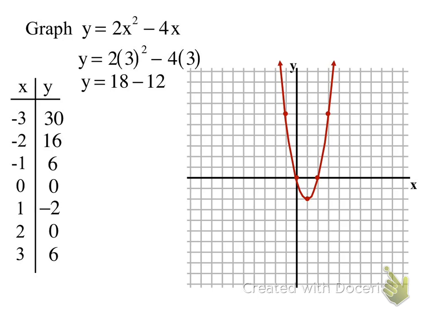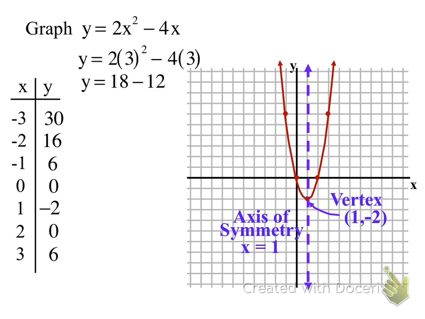Now, what did the 2 do to the parabola, Jessica? It made it more narrow. It makes it skinny. So if the coefficient of a is a whole number greater than 1, it makes it skinny or narrow. Now, where's my axis of symmetry this time?